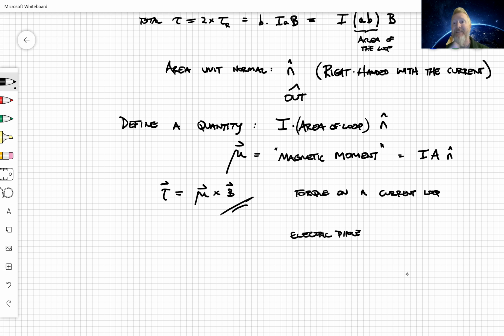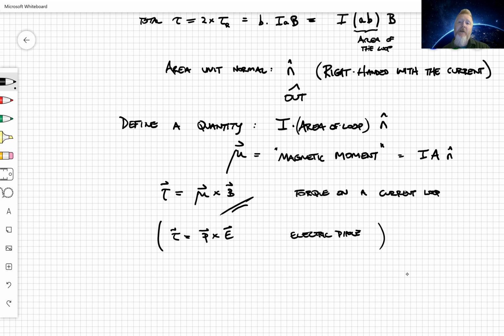The moment is the magnetic dipole, right? A current loop acts like a little magnet. For an electric dipole, it was the dipole moment crossed with the E field. So P cross E and mu cross B, it's a nice little similarity.